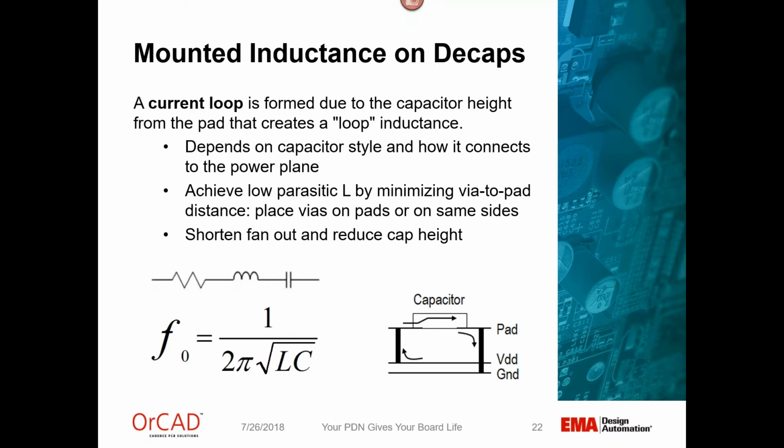We can minimize this by thinking of where we're placing our vias relative to our capacitors. We want to minimize that via to pad distance. Ideally, we'll put the via right on the pad. But if you can't do that, you want the vias to at least be on the same sides of the capacitor. You can also shorten the fan out and reduce your capacitor height.